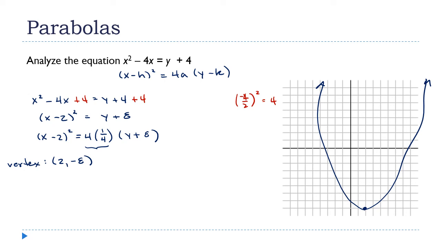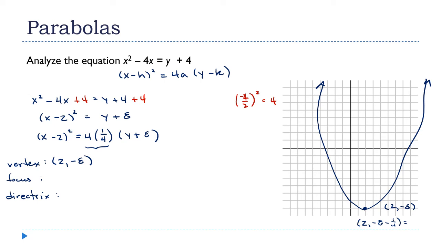So now what? Where are our focus and directrix? Well, it helps. Don't be shy about labeling stuff in this drawing. This is the point 2, -8. I need to go down 1/4 from there. So the x coordinate is going to stay 2, and it's going to be -8 minus 1/4.